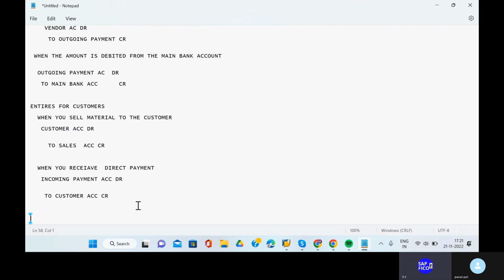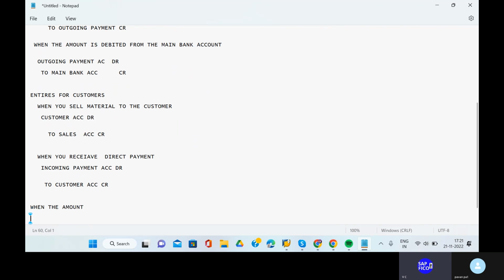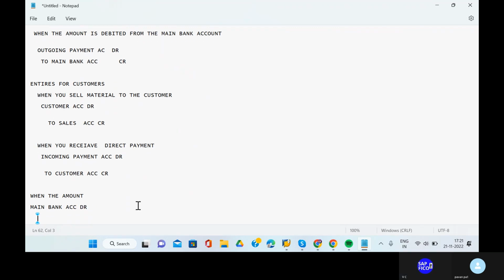In that scenario, what is the exact entry that we have? Main bank account debtor to the customer account creditor, right? You got the point?